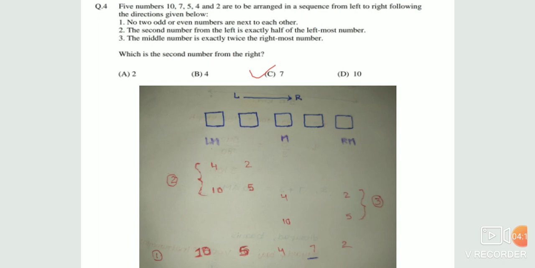So there is no alternative, and the solution is 10, 5. Here 10, 5 eliminated, so we have only 4, 2. So here 4, here 2, the remaining number is 7. What he asked, what is the second number from the right? So here the second number from the right is 7. Here the answer is 7.